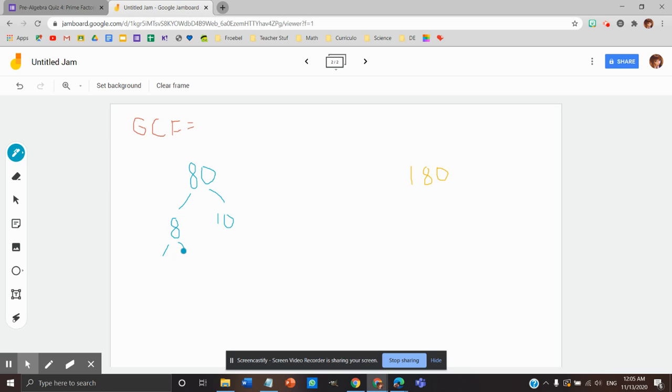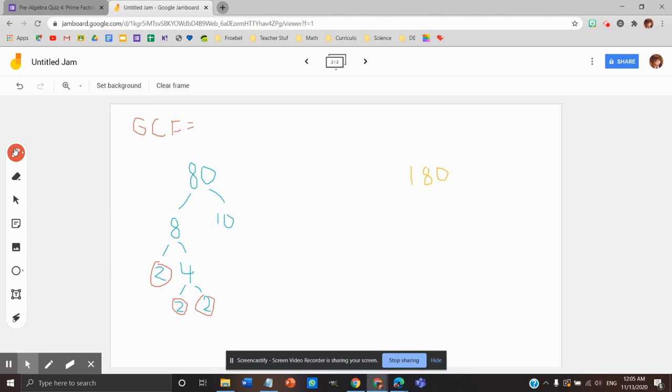I can keep factoring, and that is 2 times 4. And 2 is a prime number, so I'm just going to circle it so I know that I don't have to do anything more there. But 4 is not, so I can continue to factor it. And that 4 is 2 times 2. And again, those are prime numbers, so I'm just going to circle them.